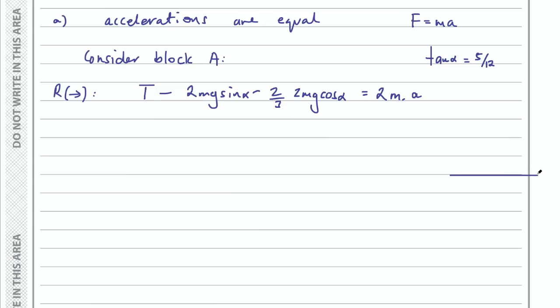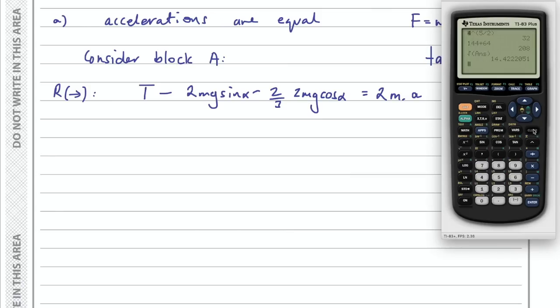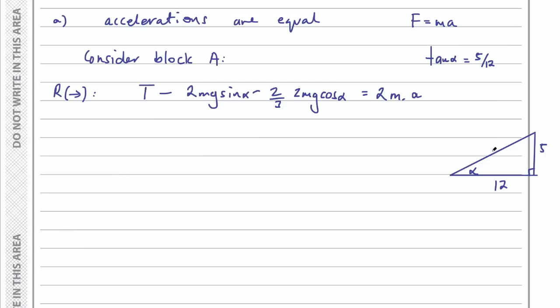So just to illustrate this, if we drew a right angle triangle with alpha, tan is opposite over adjacent, so this will be 5/12, and then you can find the hypotenuse. So we've got the square root of 144 plus 25, and we get 13. So the hypotenuse is 13.